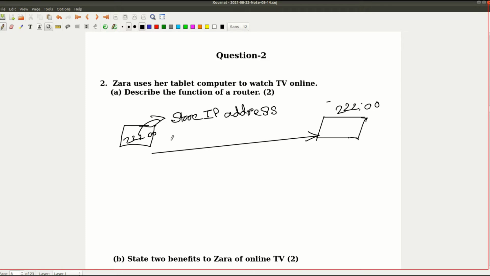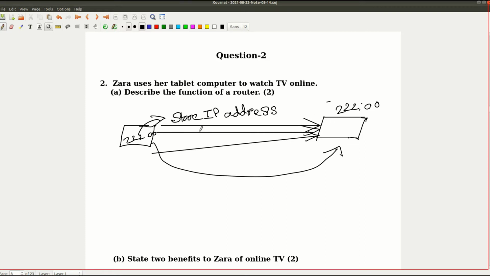Suppose this is one way, this is another way, and this is another way. So the router will calculate the shortest path that can be used to send your message to this router. Suppose this is the shortest path, so your message will go using this path.